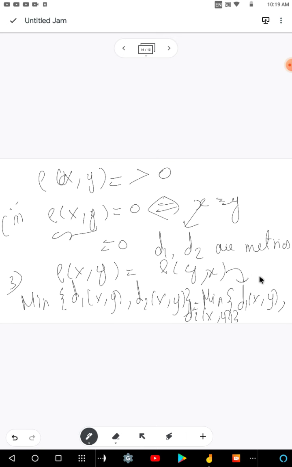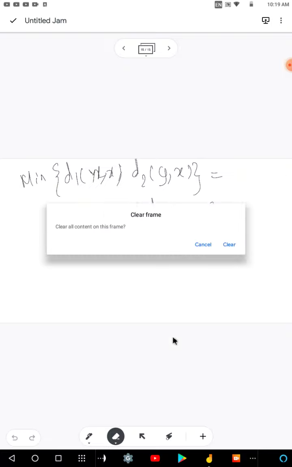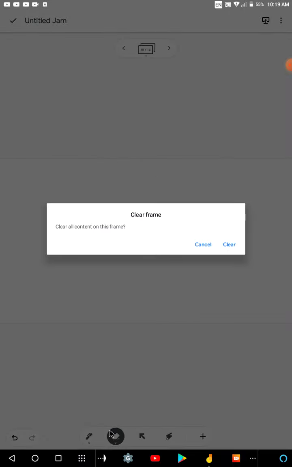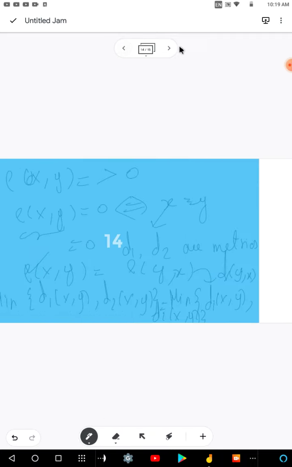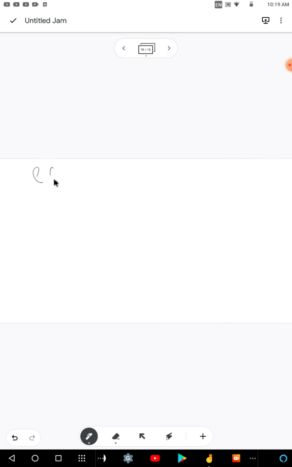Both are the same, because you can rewrite this as y comma x. So this property also holds. The fourth property we have to check is the triangular inequality: rho of x comma y should be less than or equal to rho of x comma z plus rho of z comma y.